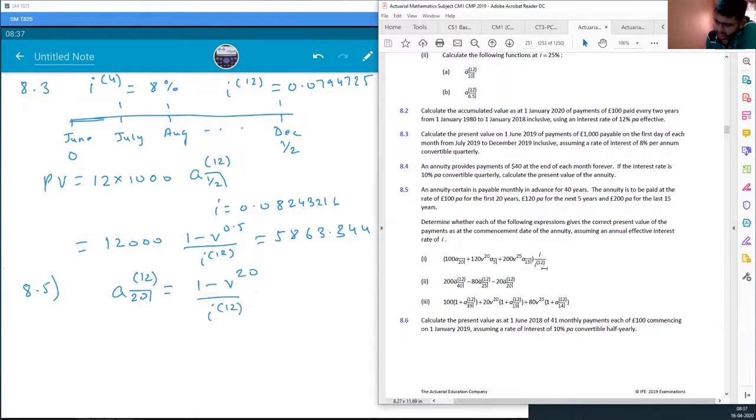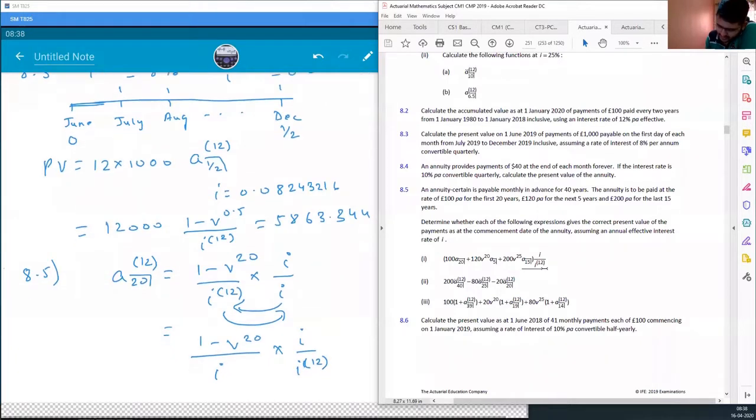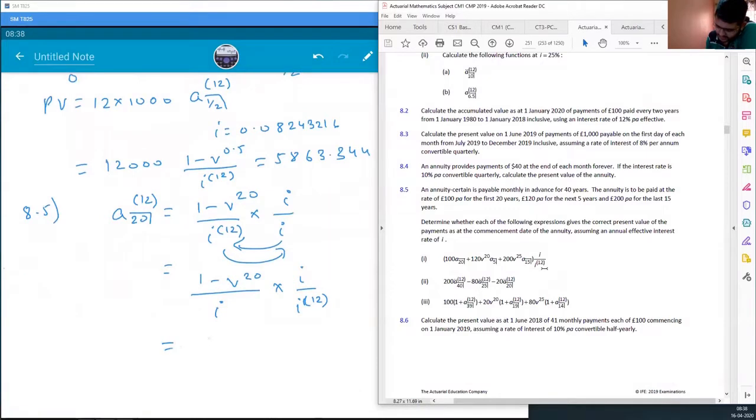Now if I multiply and divide by I, and take this I here and this I-12 here, I get 1 minus V raised to 20 by I, that into I by I-12, and this just becomes A20 into I by I-12.